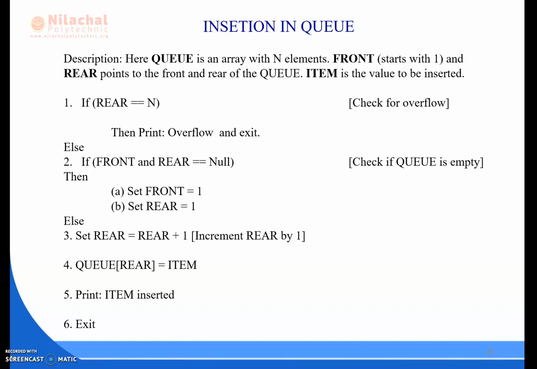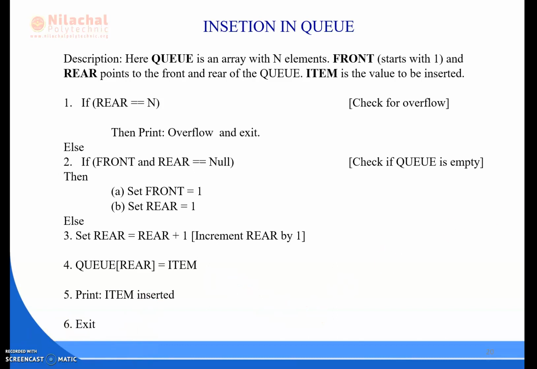At the queue rear position, the incremented rear position, the item will be inserted. We will print the item inserted at the 5th step and we are going to exit. This is how insertion in queue is done.